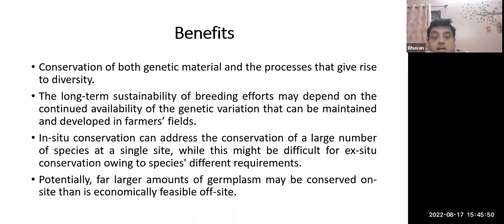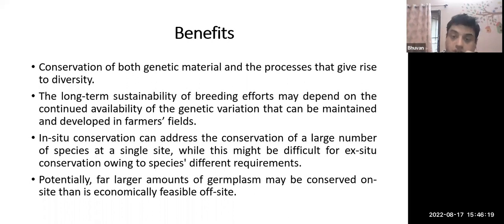At the same time, in situ conservation helps in conserving a large number of varieties of various kinds of crop plants at a single site. You can manage a large amount of agrobiodiversity, and the flora and fauna associated with the main crop plant are also conserved during the in situ process.